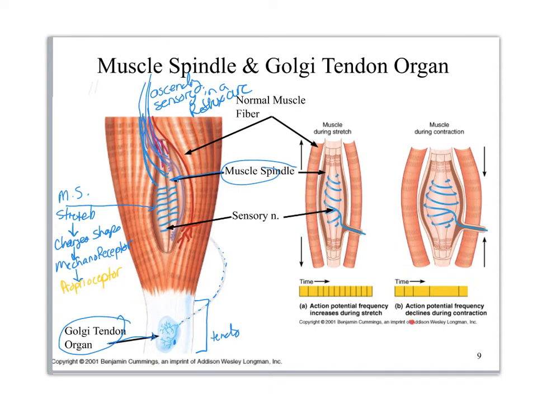So a lot less stimulus when it's contracted versus when it's stretched. On the flip side, when this is tight and it's contracted, it will send a signal. So when this is not sending a signal, this is sending a signal. And when this is sending a signal, this is not sending a signal. I hope that makes sense.